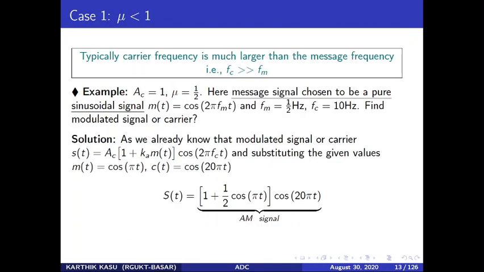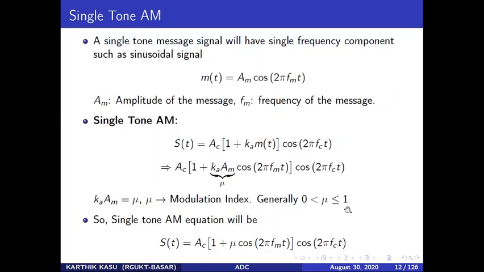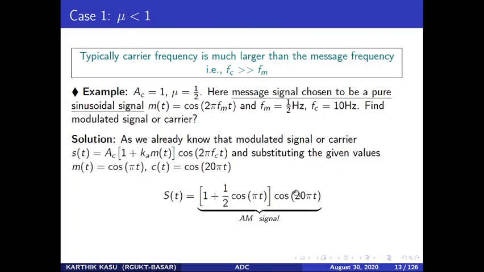Now let us think about this mu. Mu is very significant when it comes to amplitude modulation. What is mu? Modulation index. As I told you just now, mu is called the modulation index whose value is between 0 and 1. So I'm taking case 1, mu is less than 1. We'll study these cases.